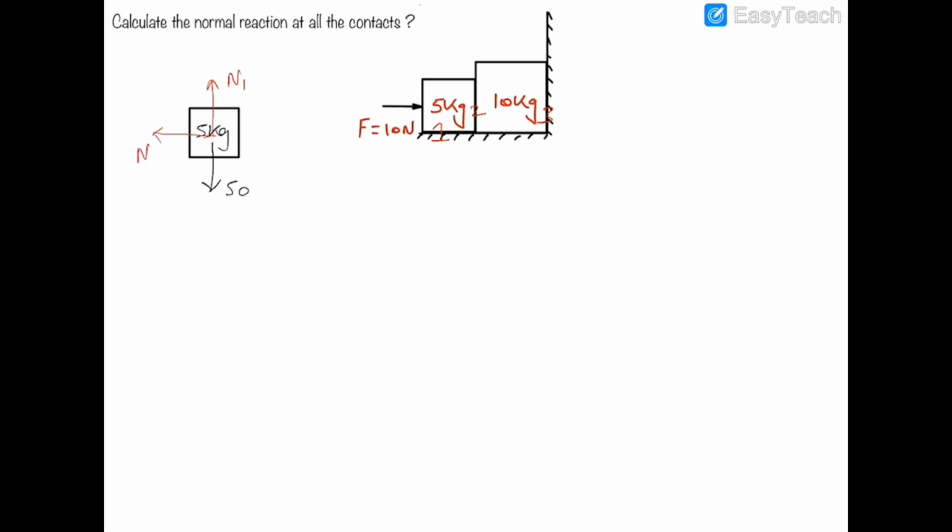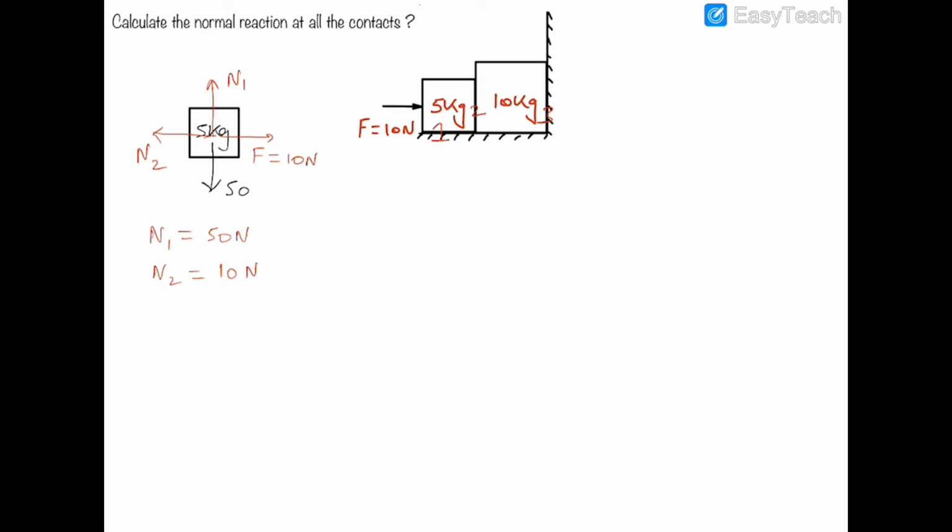Let us name it N2, and this force F is equal to 10 Newton, towards the right side. So we can say that N1 will be equal to 50 as there is no motion in the y-axis, and N2 will be equal to 10 Newton as well, as there is no motion in the x-axis.